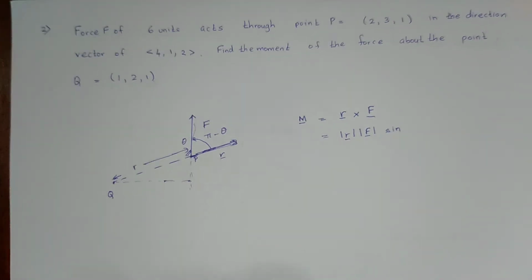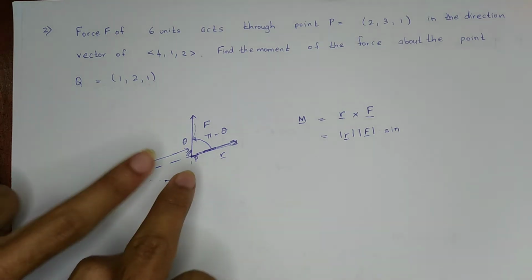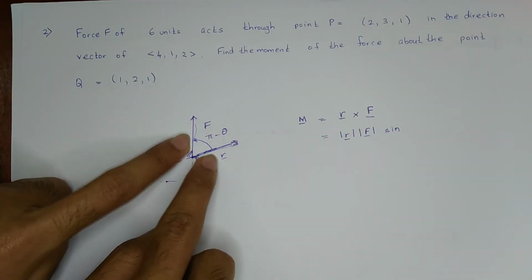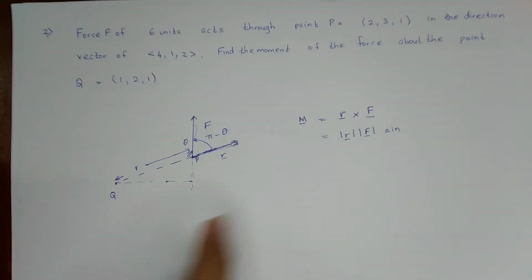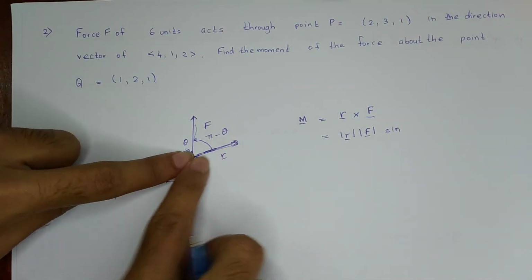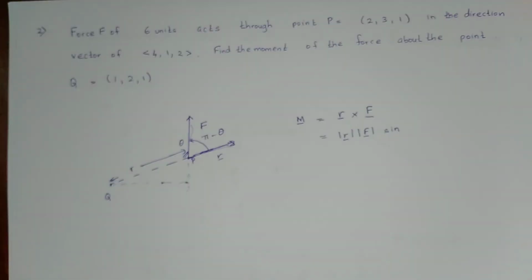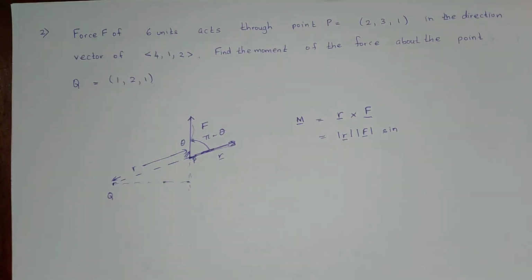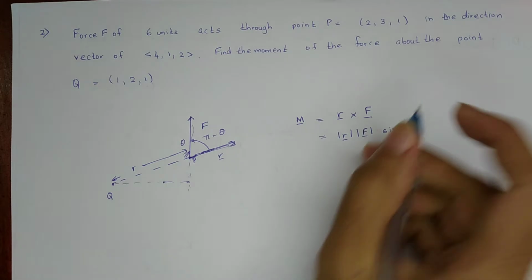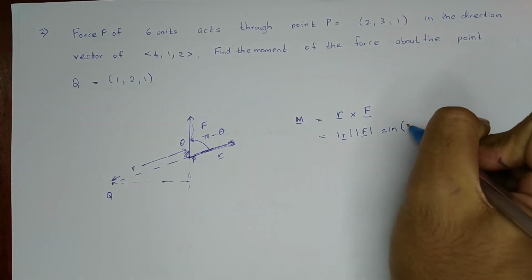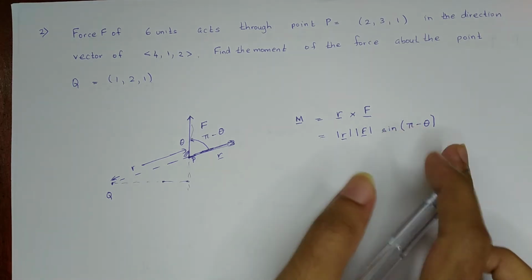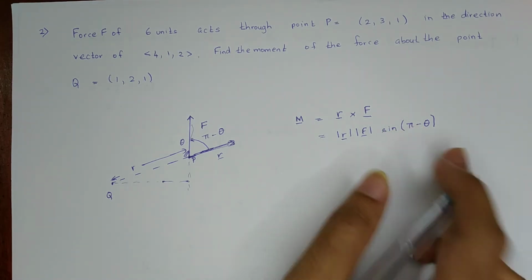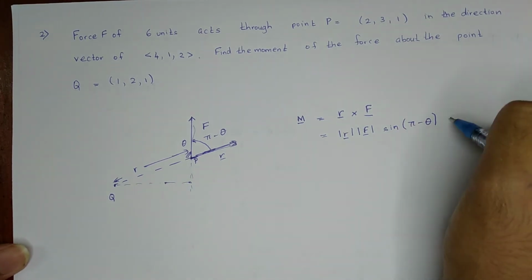We need to find the angle when these two vectors start from the same point. Otherwise, we can say in the opposite direction, they need to meet each other. That's the main thing here. From that, I can directly tell the angle would be pi minus theta. So I have marked this magnitude, and we need to denote the direction. Let's say the unit vector of the direction is the n vector.